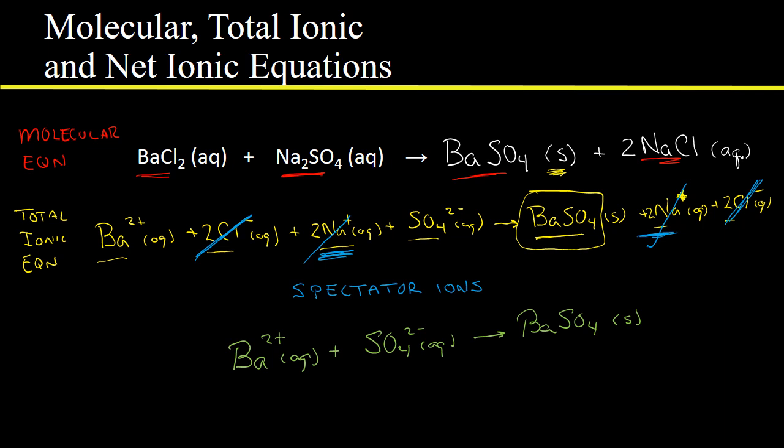So if we interpret this, what this is really saying is we've got a solution that contains barium ions and sulfate ions, and when they react, they form barium sulfate solid. The fact that there were chloride ions or sodium ions in the solution is not really important because they weren't doing anything. So we're just going to leave them out and focus only on what's important.